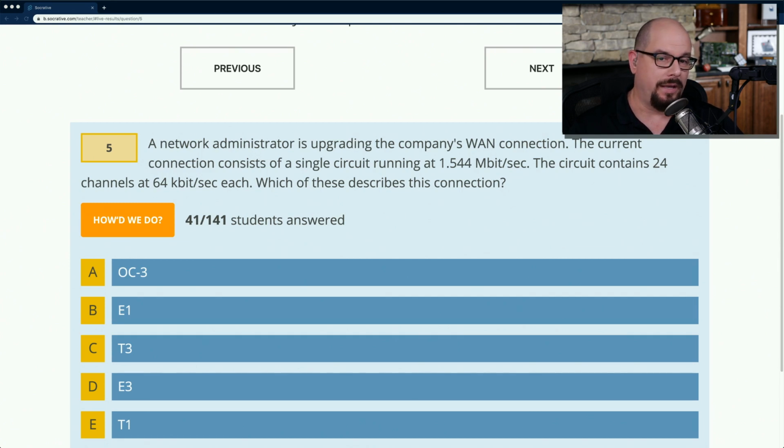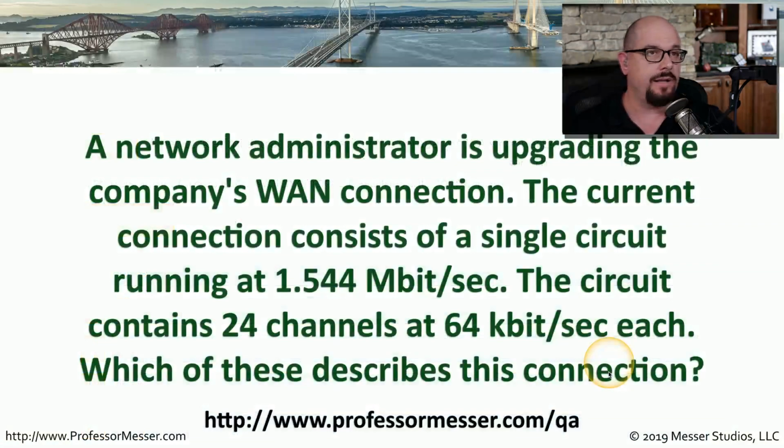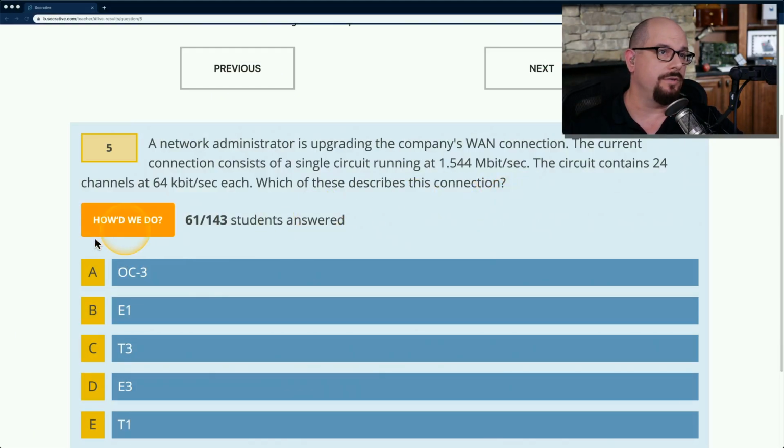If you think you know the answer, you would go to professormesser.com/QA to answer. Your possible answers here, of course, are OC3, E1, T3, E3, and T1. Maybe those are some you should know.